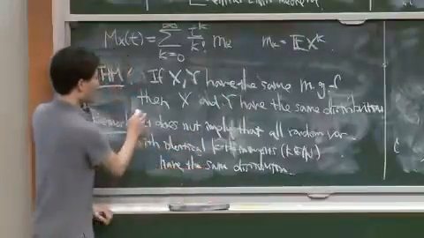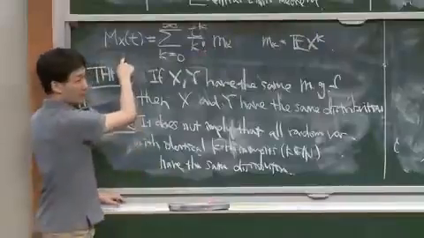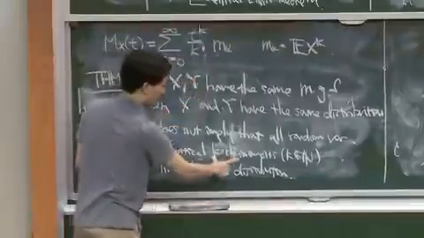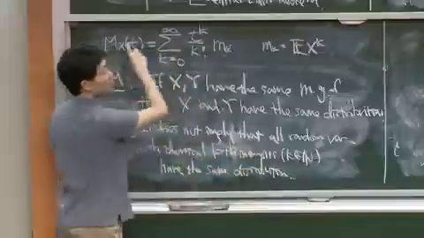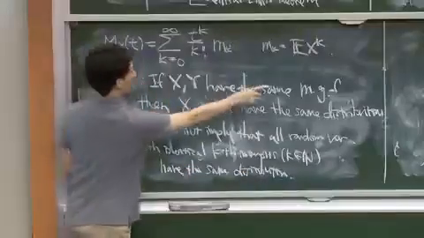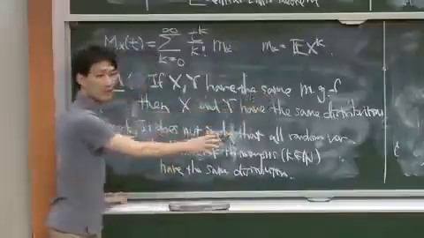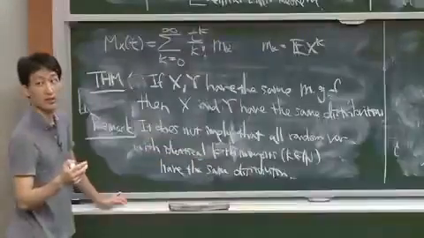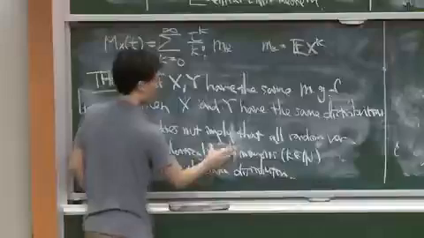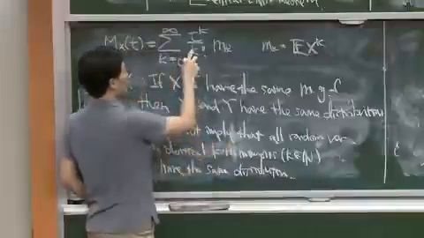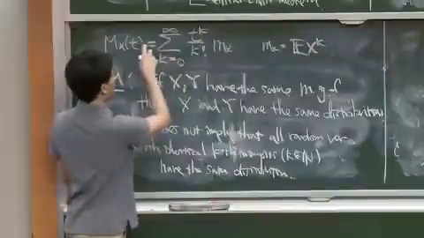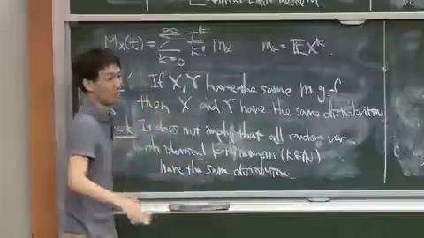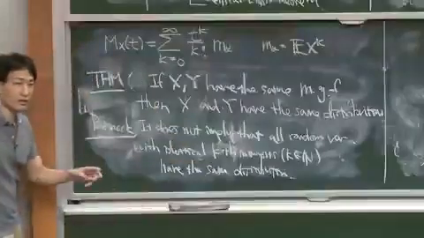Which seems like it doesn't make sense if you look at this theorem, because the moment generating function is defined in terms of the moments. If two random variables have the same moments, they have the same moment generating function. If they have the same moment generating function, they have the same distribution. There's a hole in this argument. Even if they have the same moments, it doesn't necessarily imply that they have the same moment generating function. They might both not have moment generating functions. So that's the glitch.